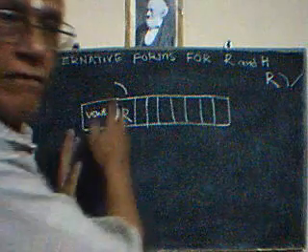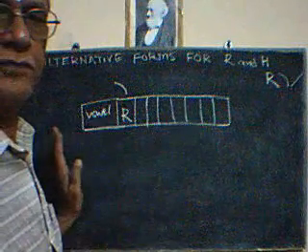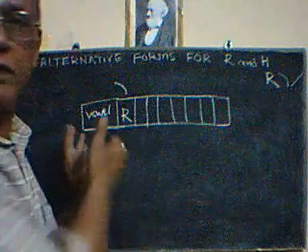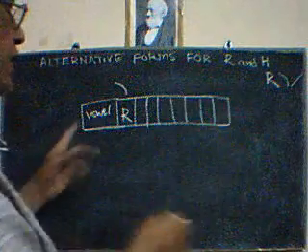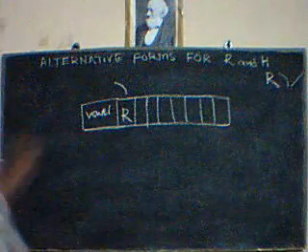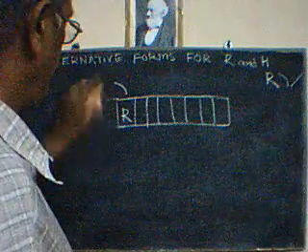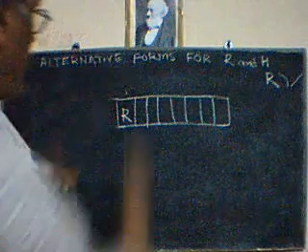Suppose there is no vowel preceding. If there is no vowel preceding, then it should be represented by the upper form.